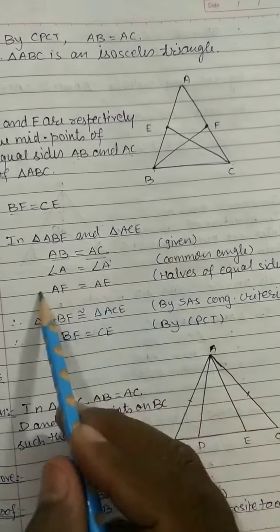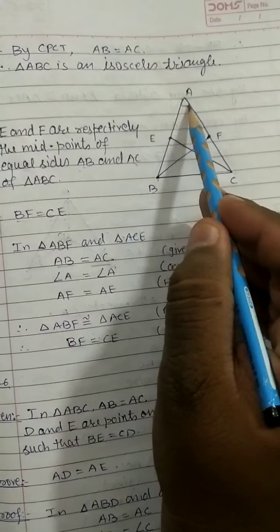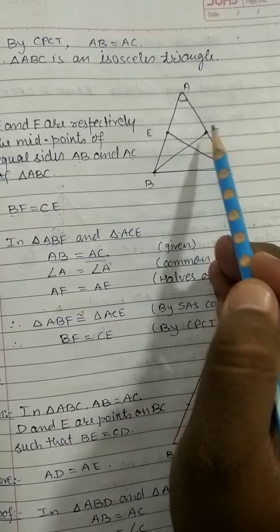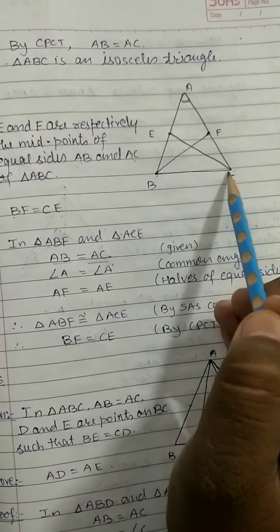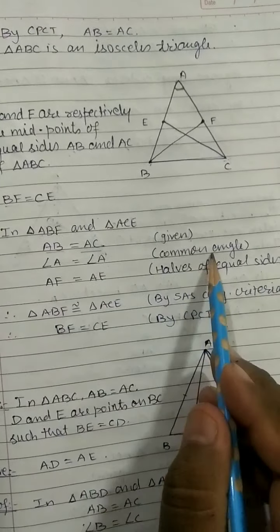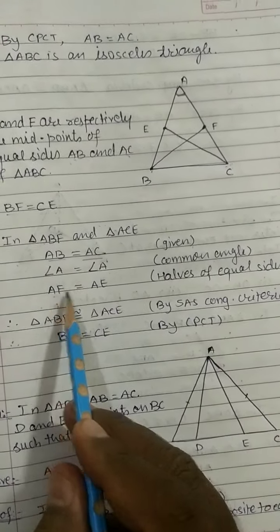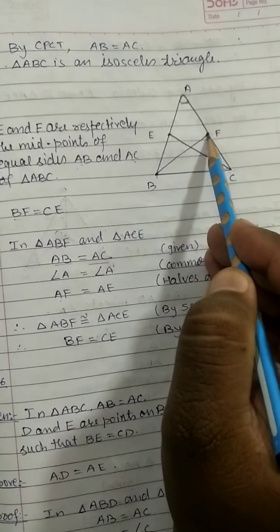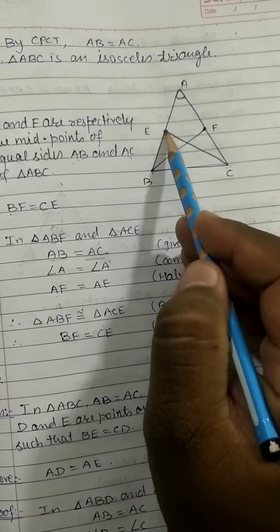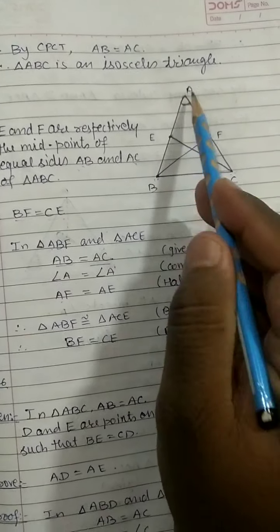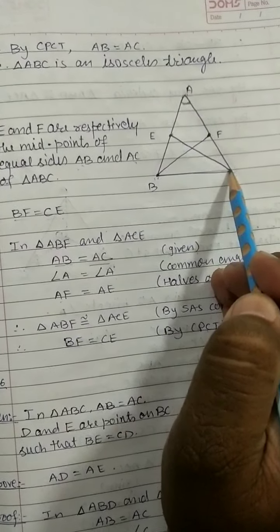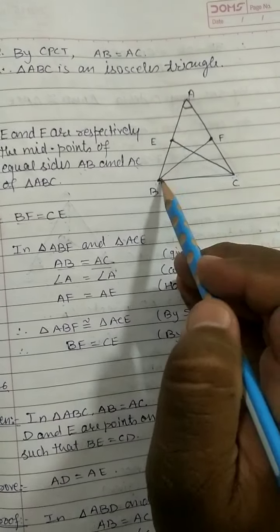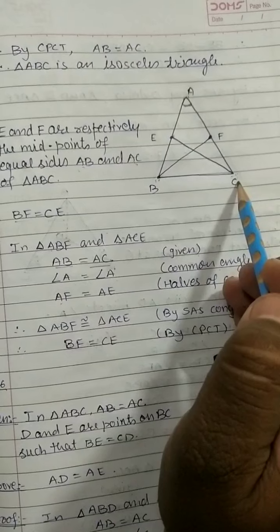Angle A is the common angle in both the triangles, triangle ABF and triangle AEC. AF is equal to AE. See, AB and AC are equal, and E is the midpoint of AB as well as F is the midpoint of AC.